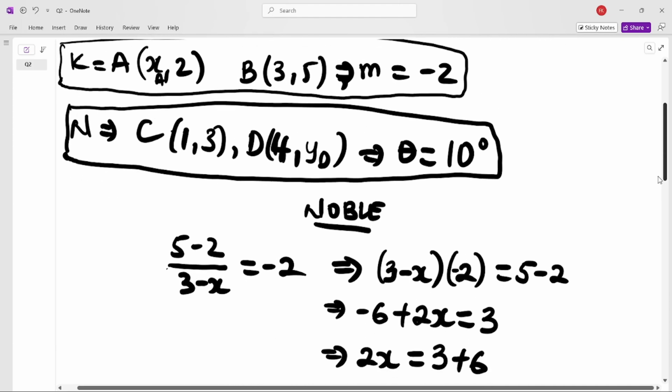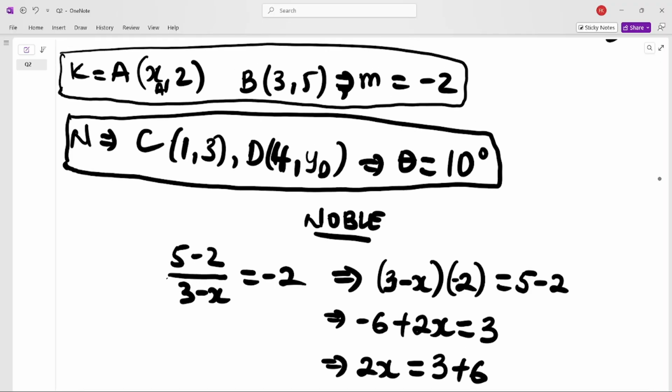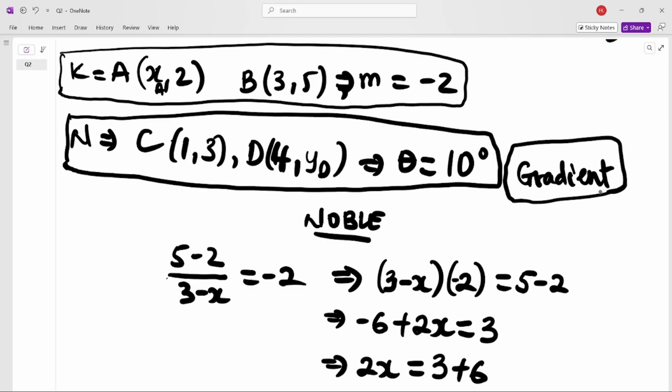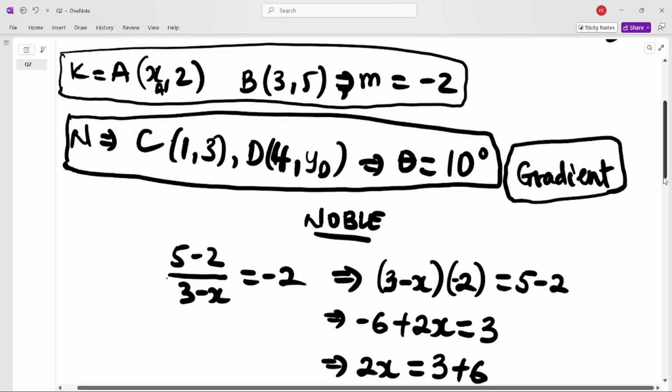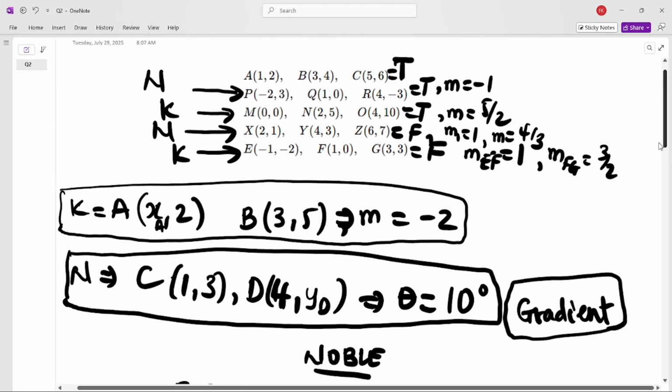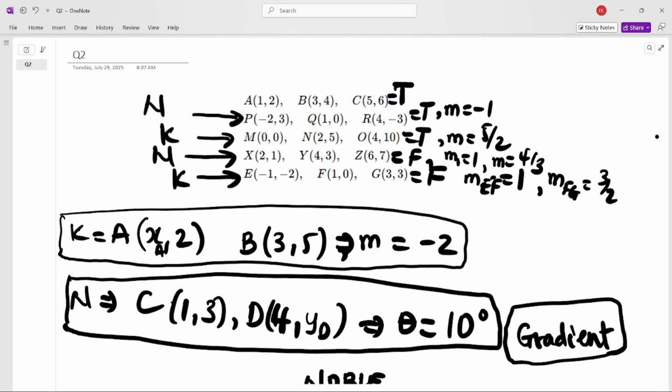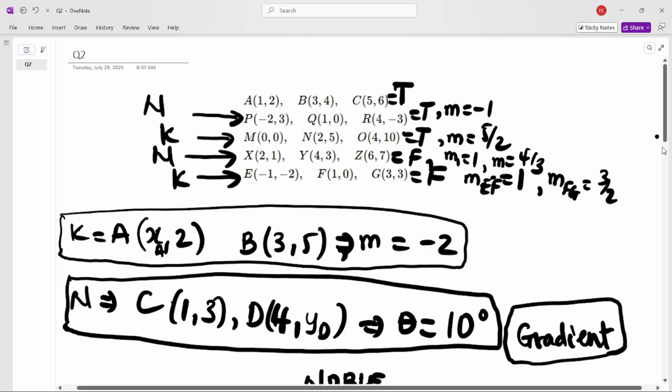So right now, in a short time, we've been able to revise gradients. All these things have been around gradient, but we are actually not done though. What we'll do next time is continue the journey on gradients.